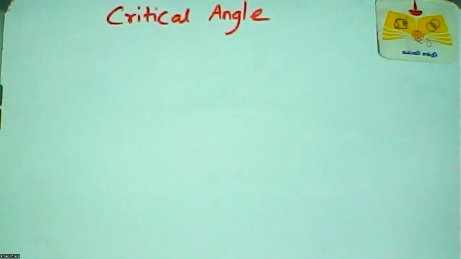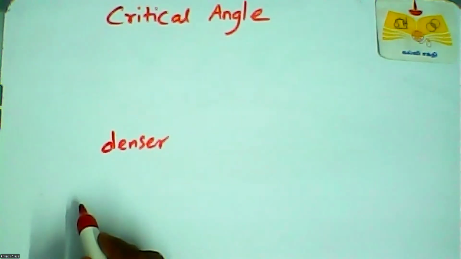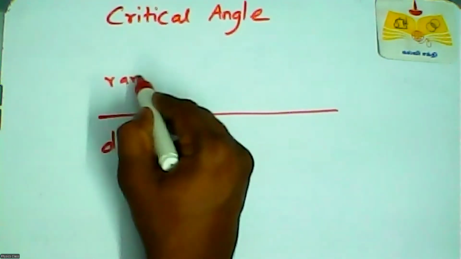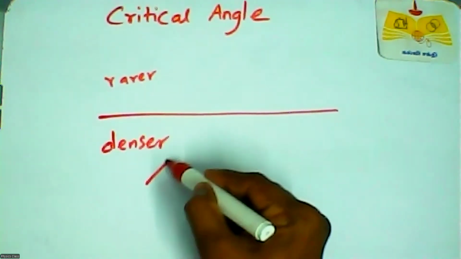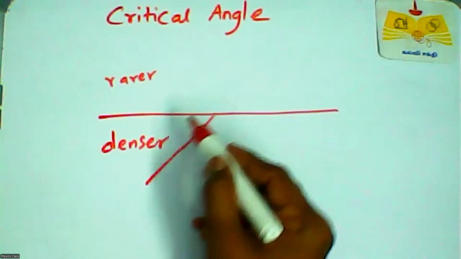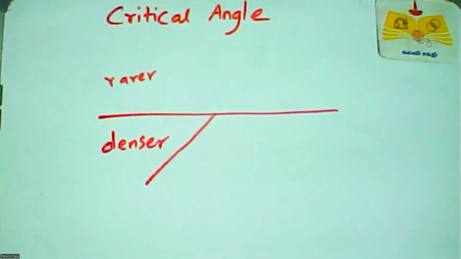When a light ray passes from a denser medium to a rarer medium, the angle of incidence in the denser medium for which the angle of refraction becomes 90 degrees in the rarer medium is called the critical angle.